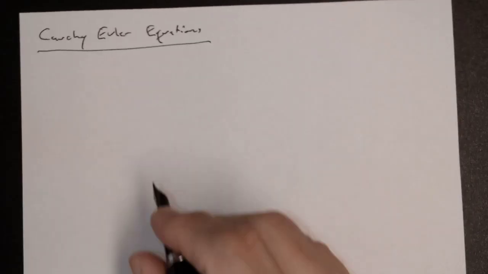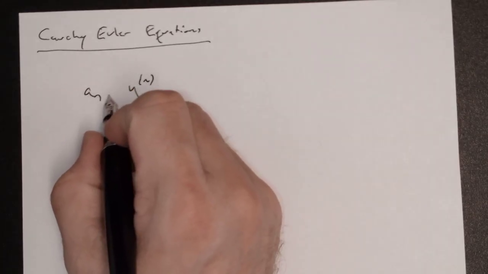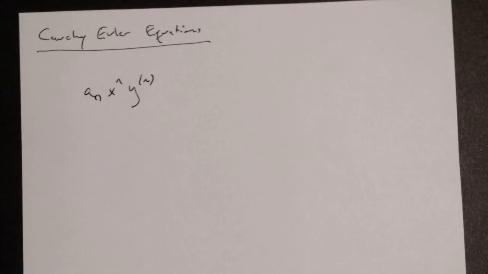Now, Cauchy-Euler equations are rigged. They are rigged so that the coefficient for each derivative is a monomial of degree the same order as the derivative. So if I have an nth derivative piece, I have a number and then a power of x to the n.